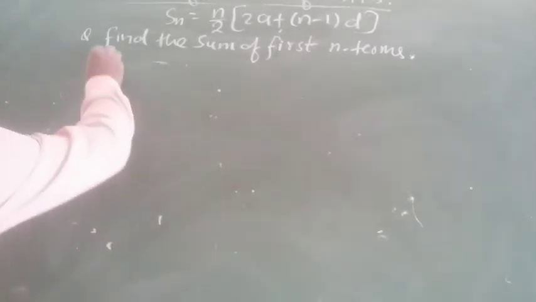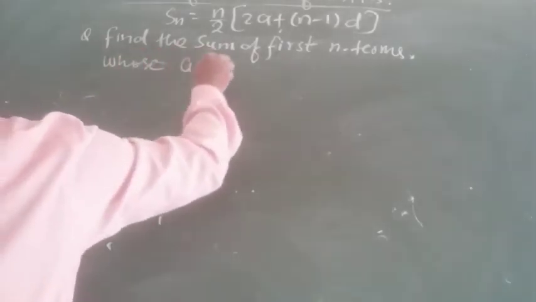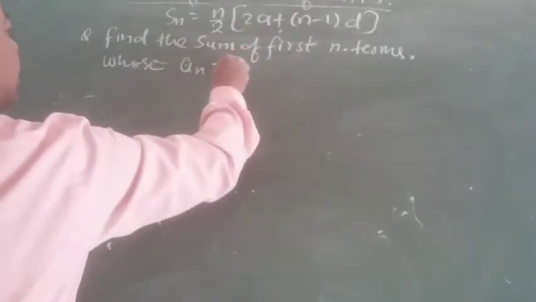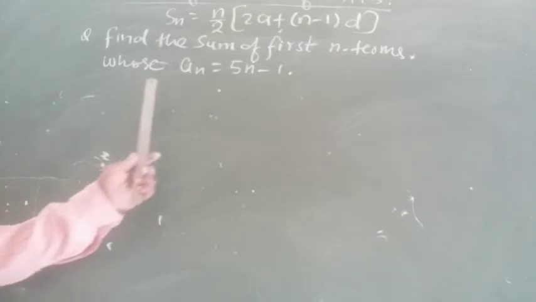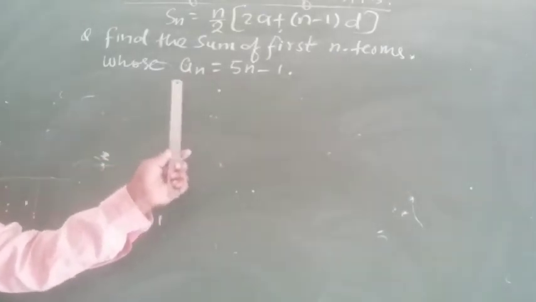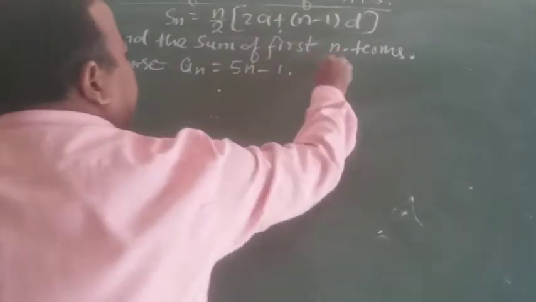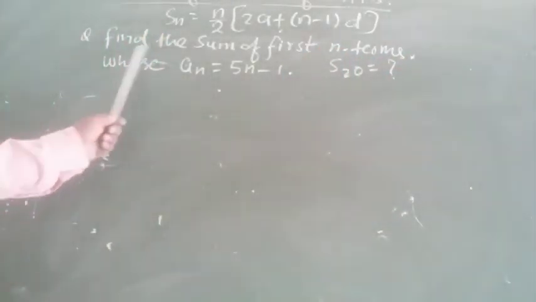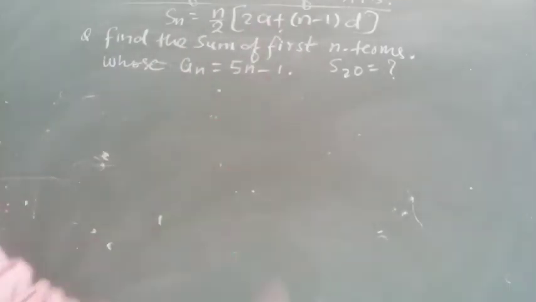So here the AP sequence is given by this formula, and we have to find S20 also. Find the sum of the first n terms of the AP and find S20 also.